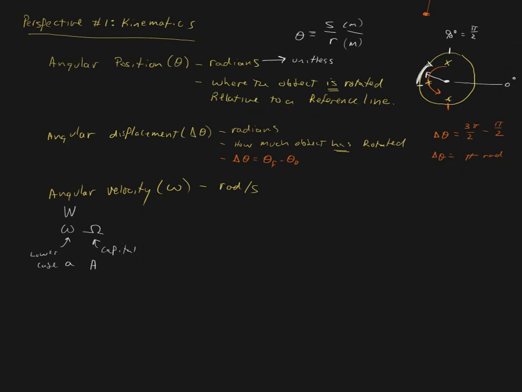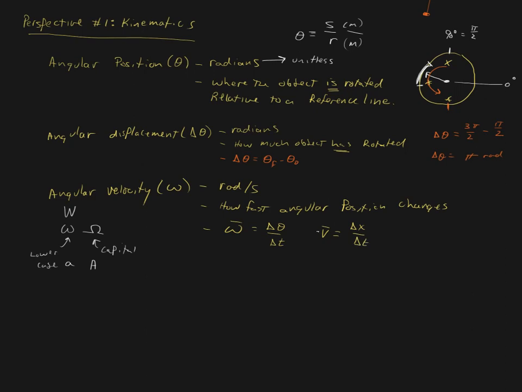Now, the angular velocity is just how fast the angular position changes. And by definition, the average angular velocity is just equal to delta theta over delta t. In translation, what we saw was the average velocity was equal to delta x over delta t.